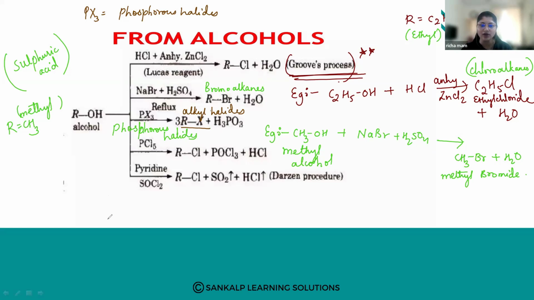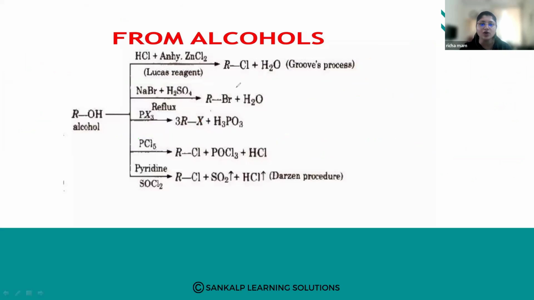So let me clear all this. Then we will start with alcohols, when you treat them with phosphorus trihalide, because there are three halogens, PX3.